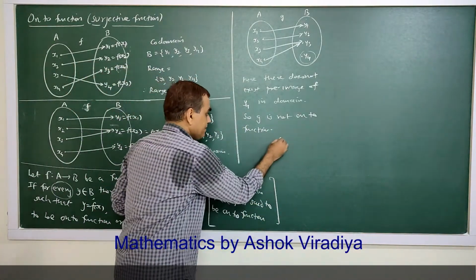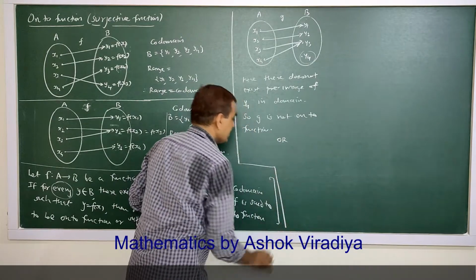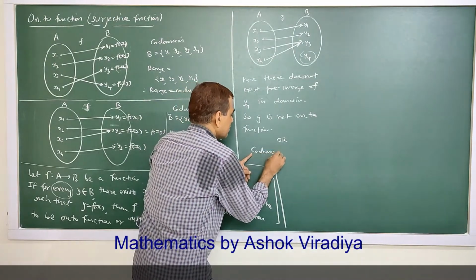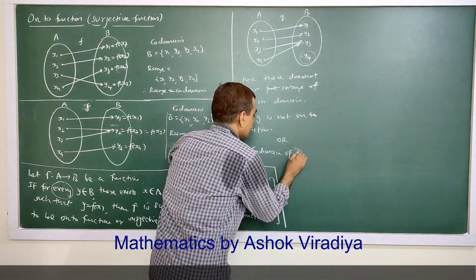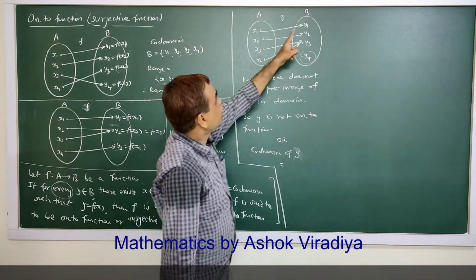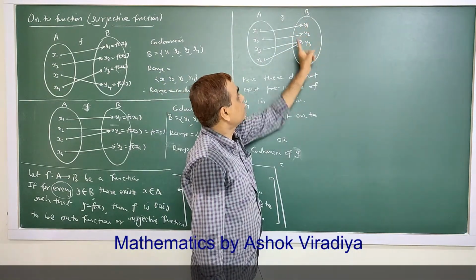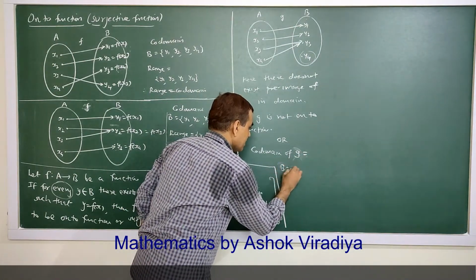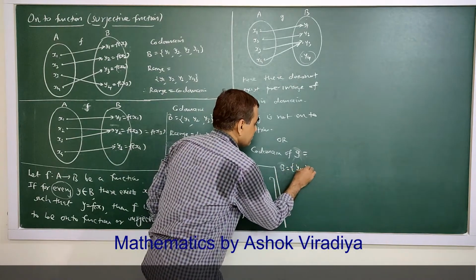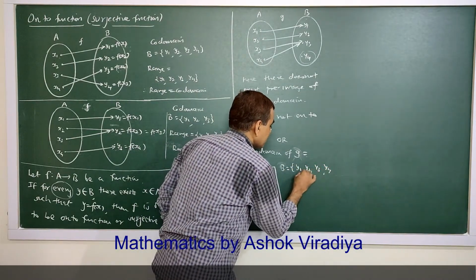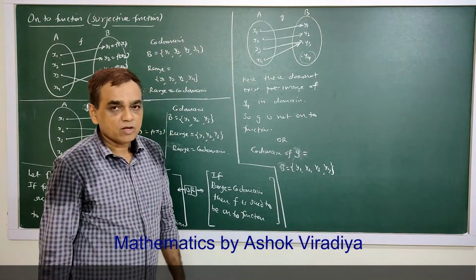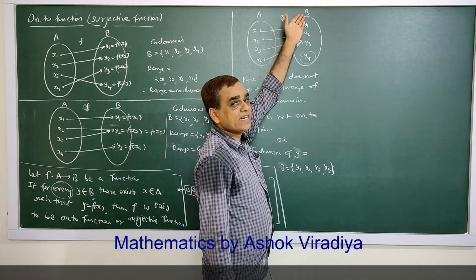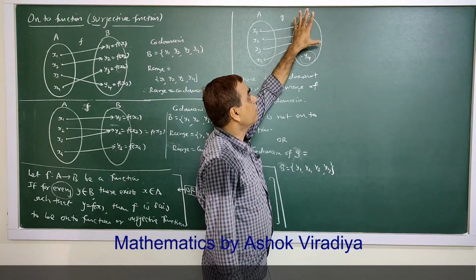Or we can say the same thing using these words. What is the codomain of function g? y1, y2, y3, y4. B is the codomain. This is B: y1, y2, y3, y4. Codomain means the set of all numbers in the second set, the whole second set.